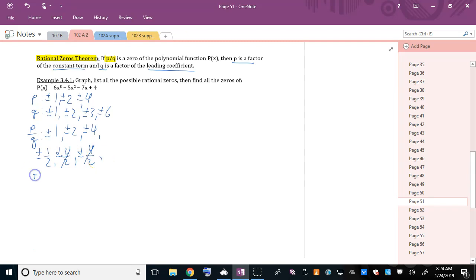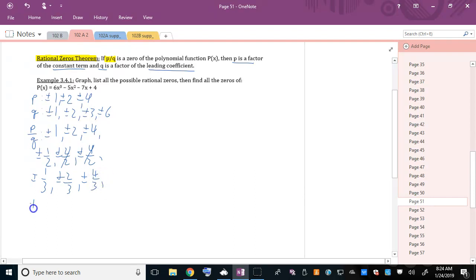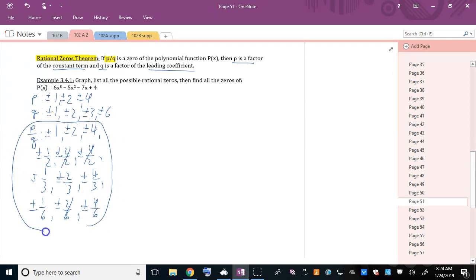Then I'm going to put all the P's over 3, and finally I'm going to put all the P's over 6, and I've got a few more repeats here. So this list is a list of my possible rational zeros.